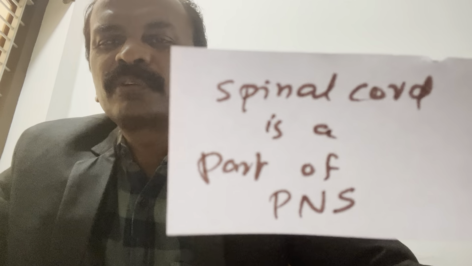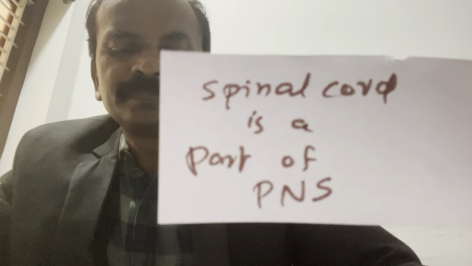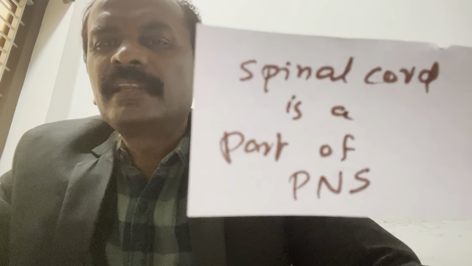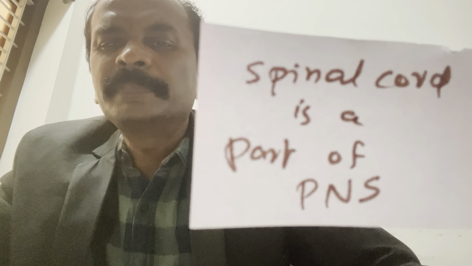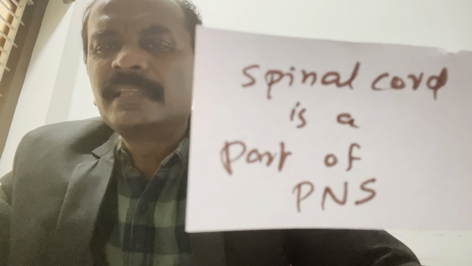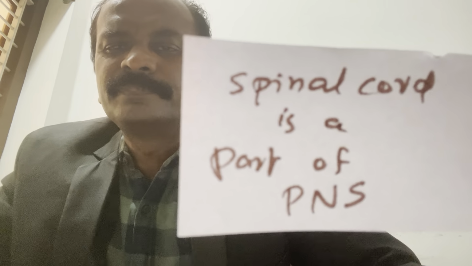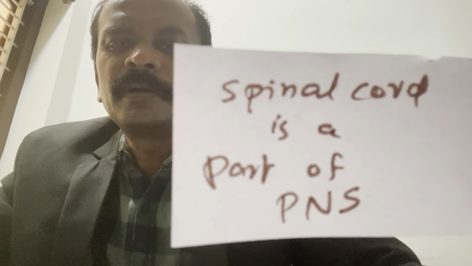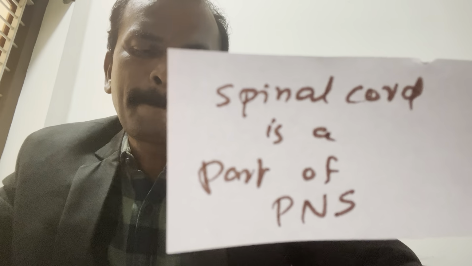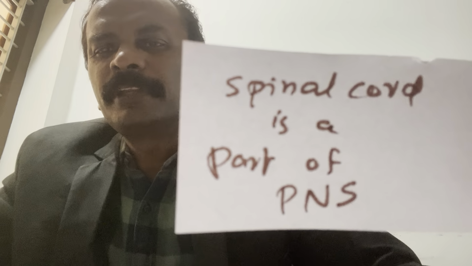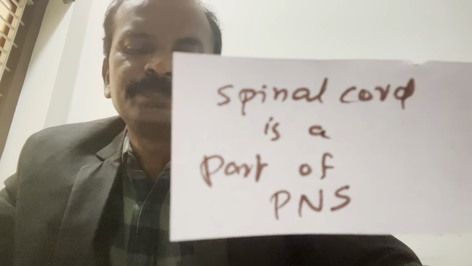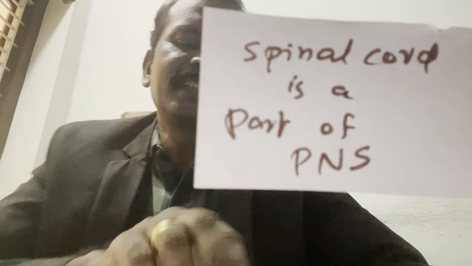See, this is quite a tough MCQ. Spinal cord is a part of peripheral nervous system. PNS means peripheral nervous system or neural system. So spinal cord is a part of PNS. True or false? If you want to answer this MCQ, you must know this point.